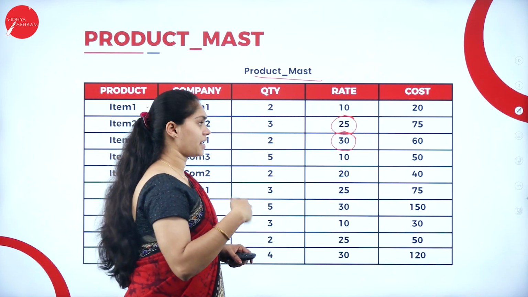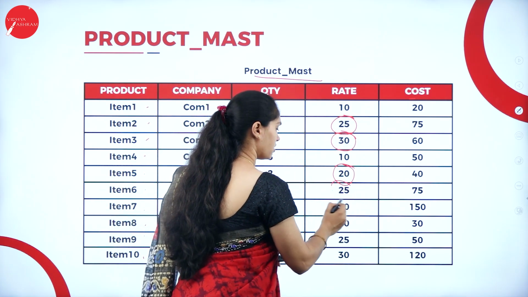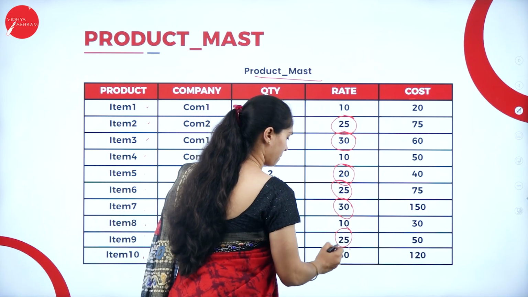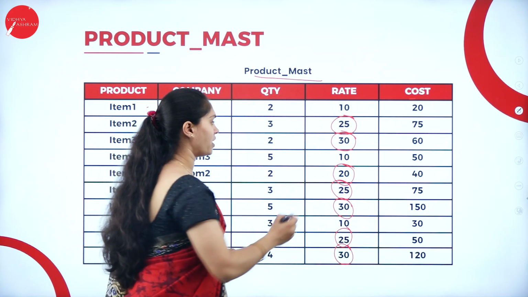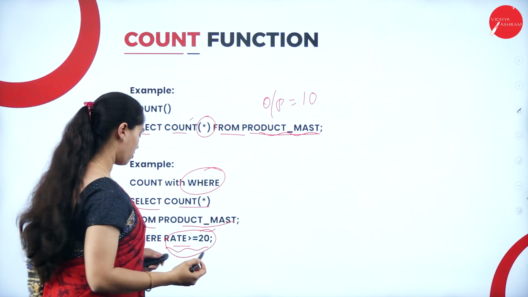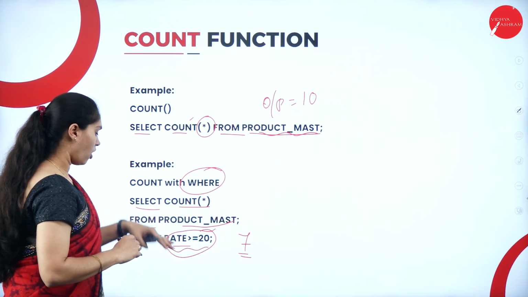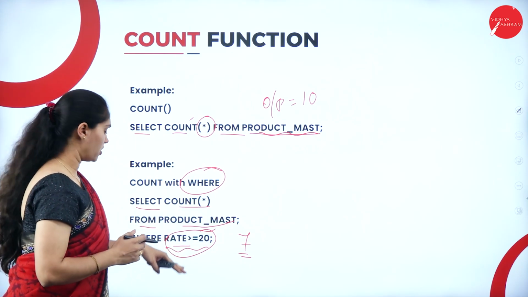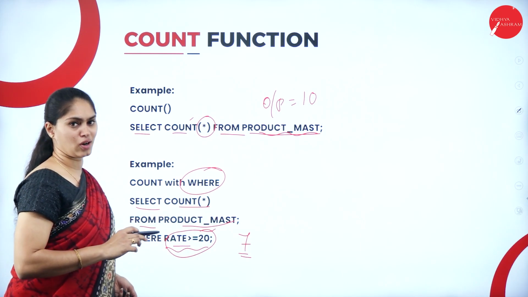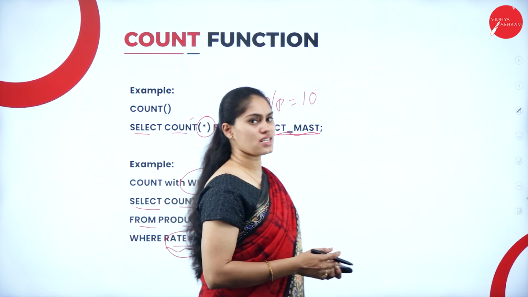The values which are greater than or equal to 20, that we are fetching here. 1, 2, fine. What will be the output for this one? 1, 2, 3, 4, 5, 6, 7. So the output will be what? 7. So we have 7 rows with rate greater than or equal to 20 from the table called product master. In order to find this kind of values, we are going to use this count.